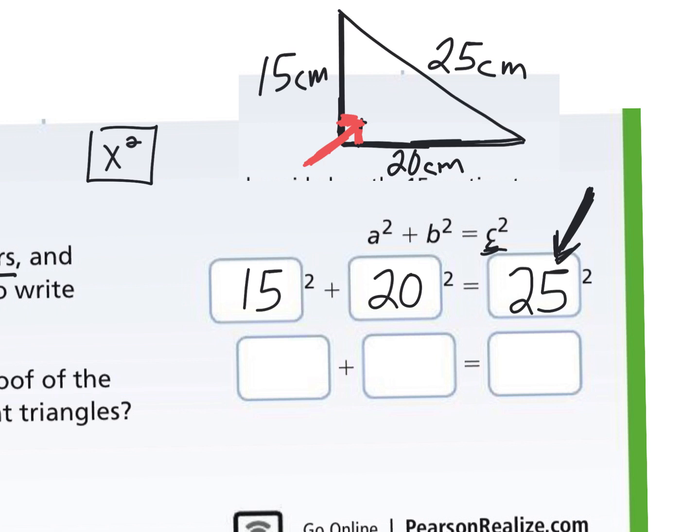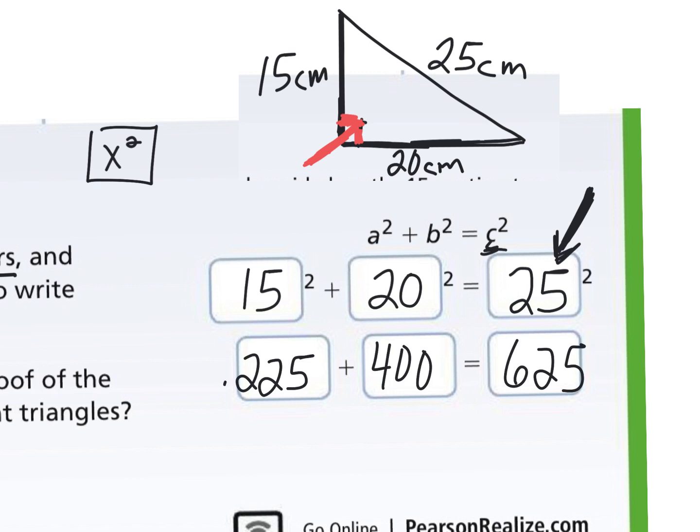You could type in 15 and then the x squared button, and it would show 15 squared, and that's 225. We could work it out by hand; it just goes quicker with the calculator. 20 squared would be 20 times 20, which is 400. And then 25 squared, 25 times 25, is 625.